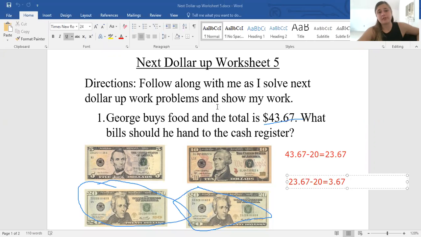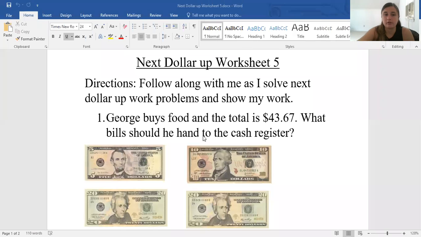So now, if our total is smaller than the smallest bill that we have, so this is the opposite end of the spectrum, we're going to circle that bill. There's no point in handing them a 10 and having to get even more change if we can use a 5. So we're going to end up handing the cashier 2 20s and a 5 to cover our $43.67 bill. Okay, a lot of tongue twisters.